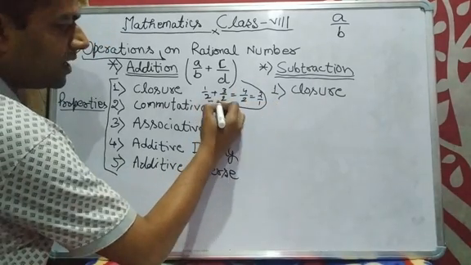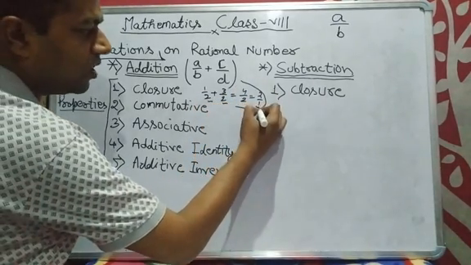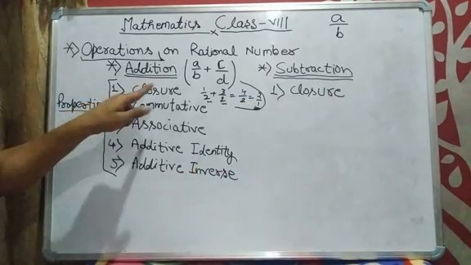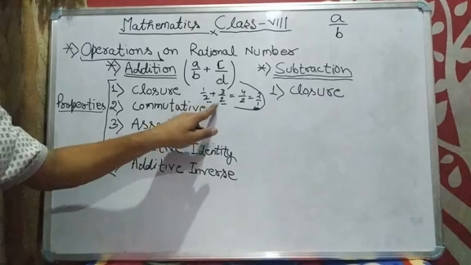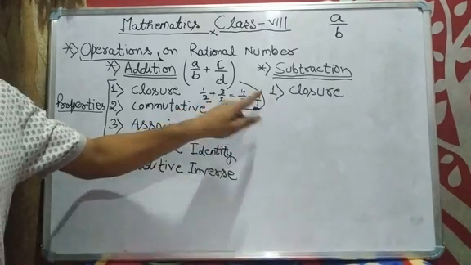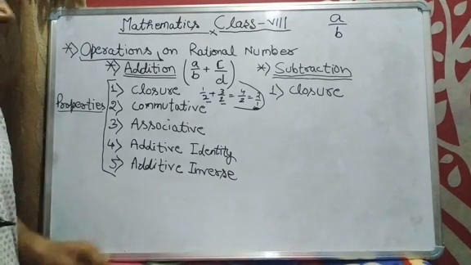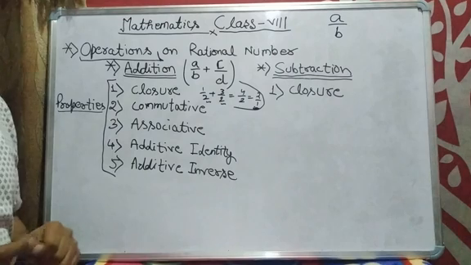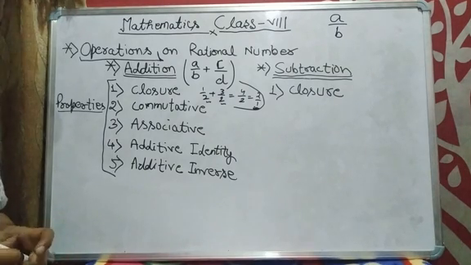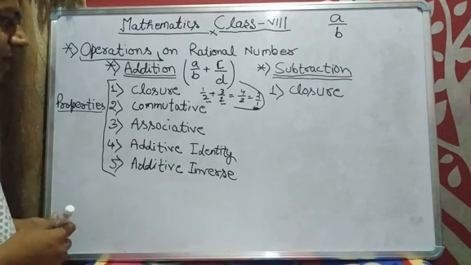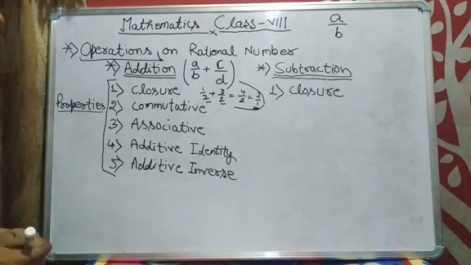This is a rational number, this is a rational number, and this is also a rational number. If the result is not a rational number, then we can't say it's closed. So for addition we can say addition is closed for the closure property.